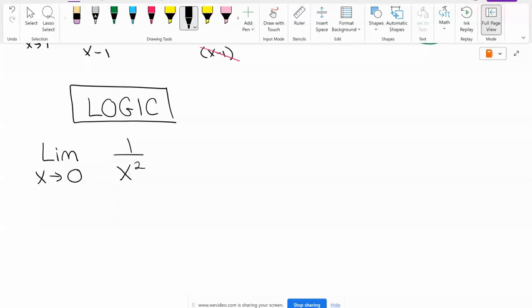If I plug in 0, I get 0 in the denominator. We can't have that. I can't simplify because nothing will cancel. I don't know what this graph looks like because there's no parent function that I showed you that looks like this. So what we're going to do is we're going to sort of plug in numbers, and we're going to test from the negative side to see what happens and the positive side to see what happens.